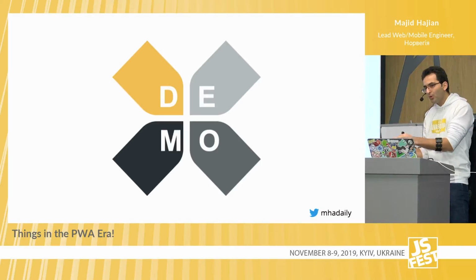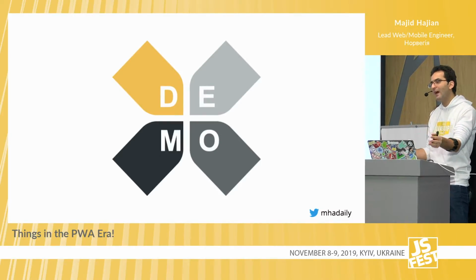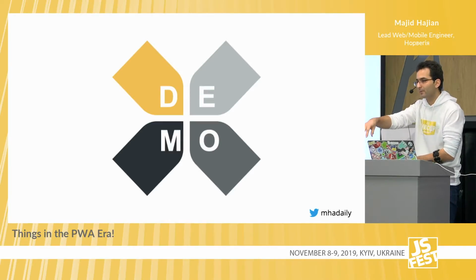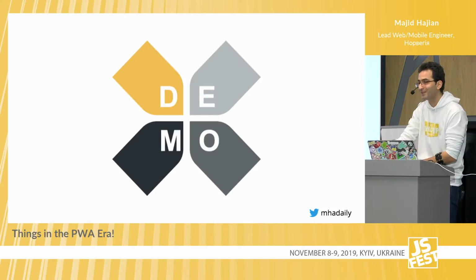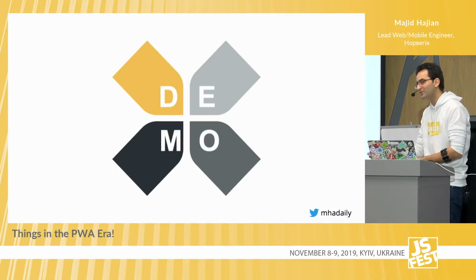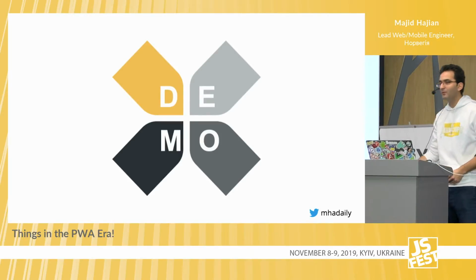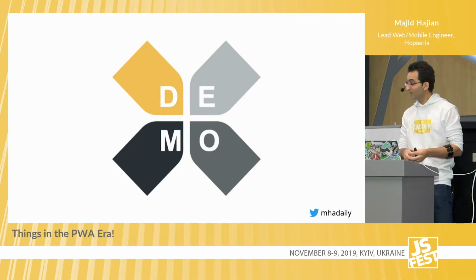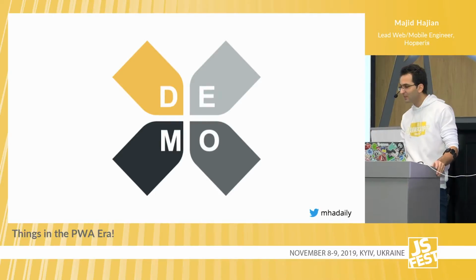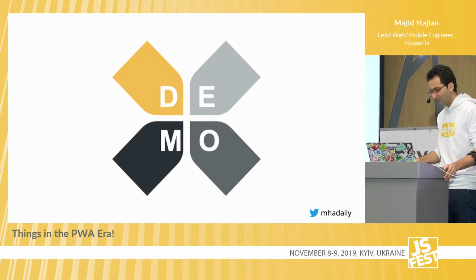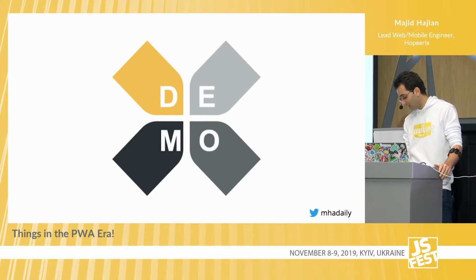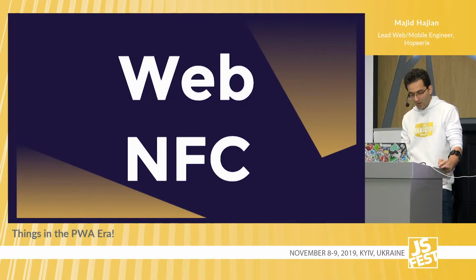I will hold this demo until after Web NFC, and then I will put this up so everyone can see, because I need to disconnect some of my USBs already. I will do that, and then I'll demonstrate. But I guarantee I will print something with this printer, even in Web NFC. Let's move on, and then I'll come back to that. Web NFC.